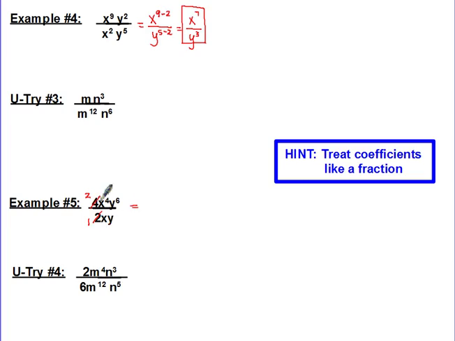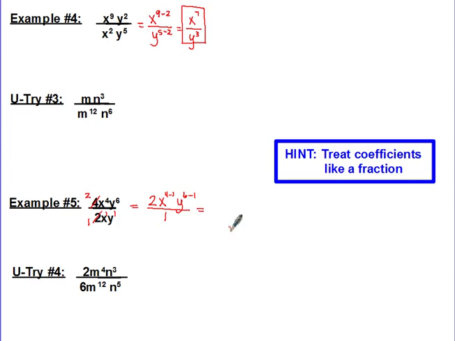But then go back to your new rule: same base, x to the 4th over x to the 1st, find the difference. So I'm left with 2 on the coefficient, x to the 4th, take away the 1 that was in the denominator. On the y's, I'm looking at 6 on the top, take away 1 from the bottom, and the numerator all just became 1.